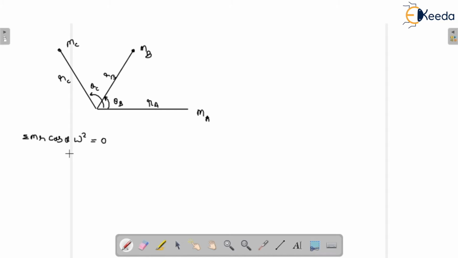We make it equal to 0 and then we have to use the second equation, summation of mr sin theta omega square, that is equal to 0. This is the forces in vertical directions.